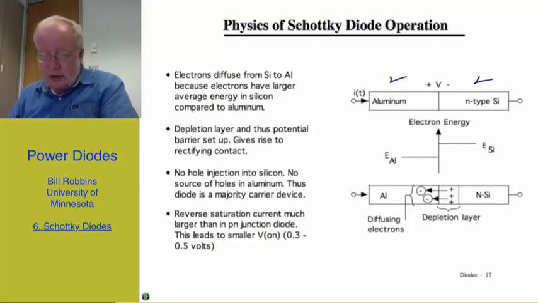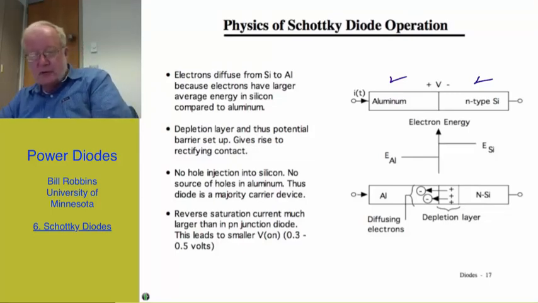Even though there are many more electrons, they're not as energetic, and so there's going to be a depletion layer formed, because the electrons in the immediate vicinity from the n-type silicon that moved to the aluminum give us a net negative charge on the aluminum side and a net positive charge from the uncovered donors on the n-type silicon side. All right, we've now formed a depletion region, and so all of the same mechanisms that we were talking about in physics with a p-n junction also apply here.